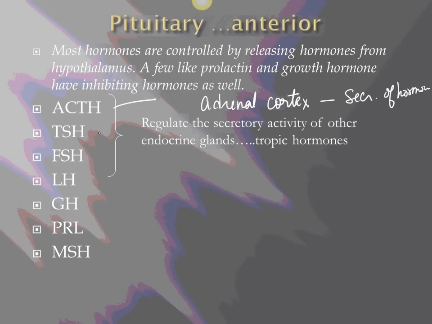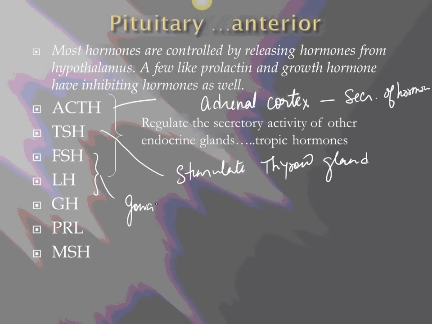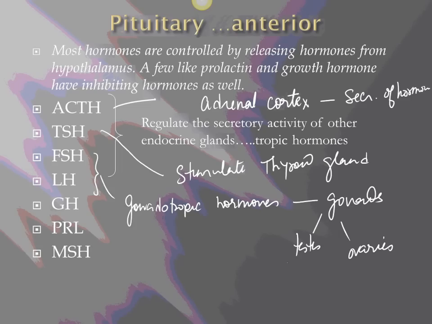TSH is called thyroid stimulating hormone, so it will stimulate the thyroid gland. FSH and LH are known as gonadotropic hormones. That's why we have the gonadotropic releasing hormone. They will go to the gonads, which means the testes and ovaries, and act on them.